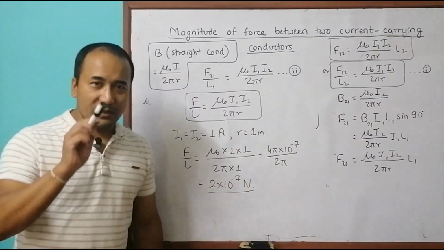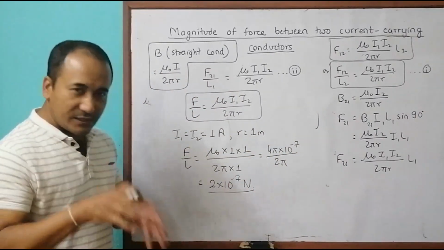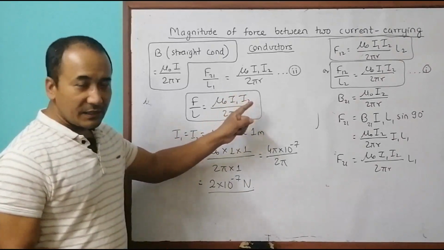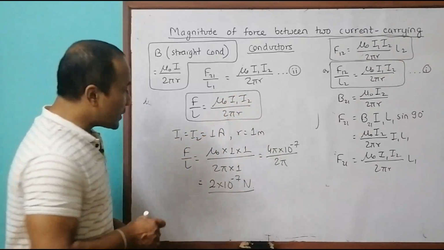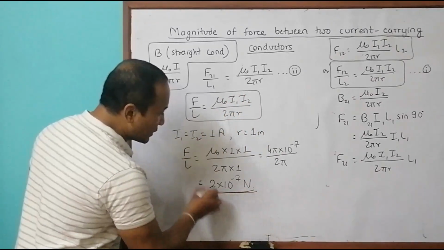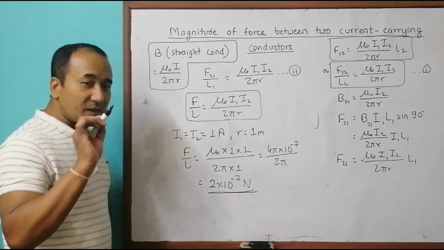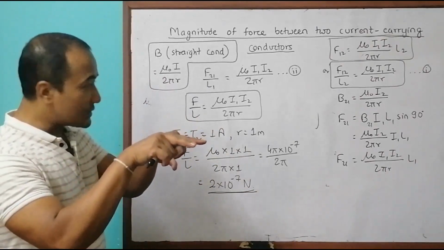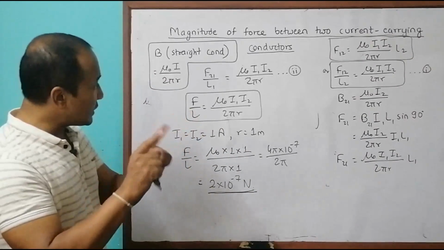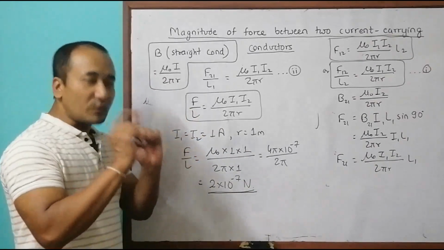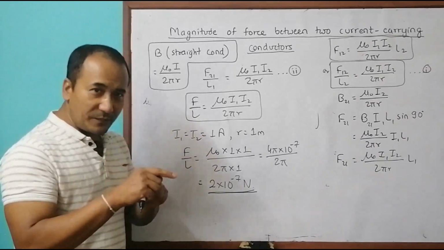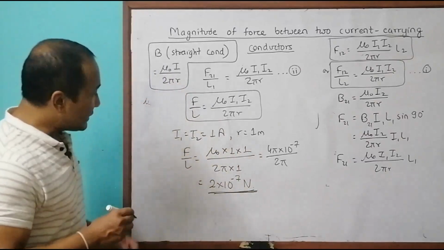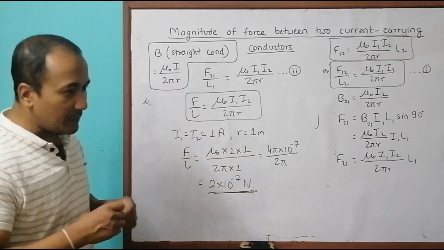So 1 ampere current has been defined as such current which when allowed in two wires placed at 1 meter distance will produce a force of attraction or repulsion equal to this. They exert a force of 2 into 10 to the power minus 7 Newton on each other.